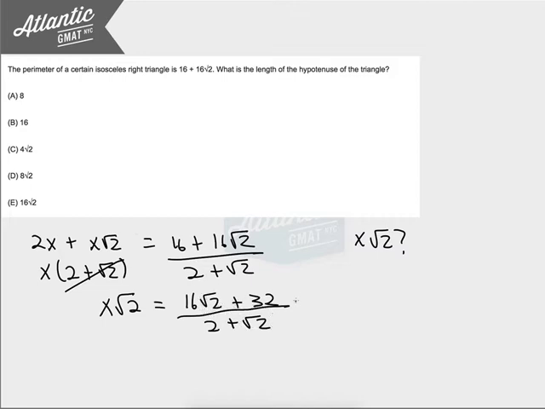But let's remember that root 2 is just 1.4. So we can simplify that a little bit. And 2 plus 1.4, that's just 3.4. And now you might be saying, but these decimals are kind of a nuisance. And they are, but you can just multiply by 10. Just make sure you do everything by 10.